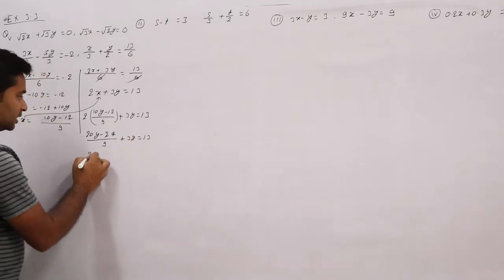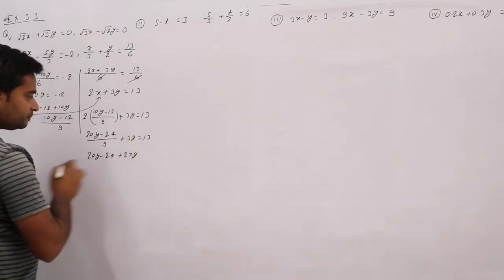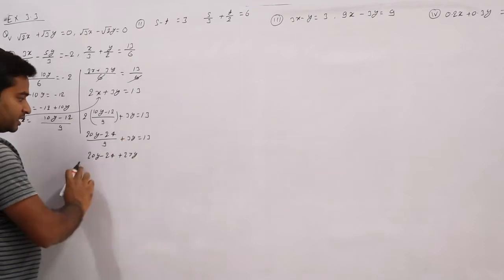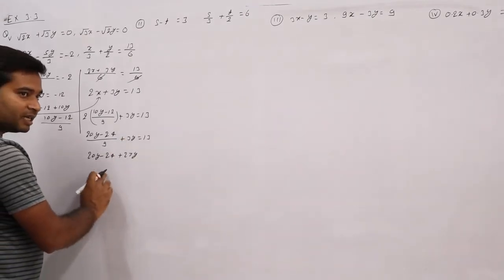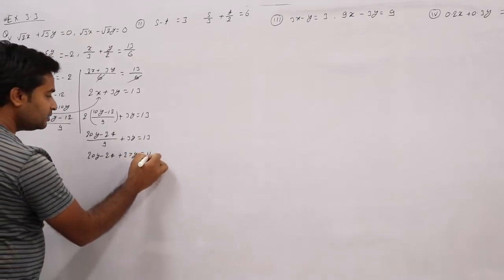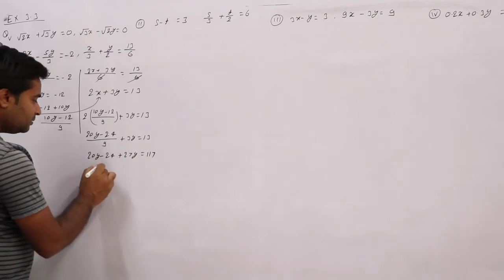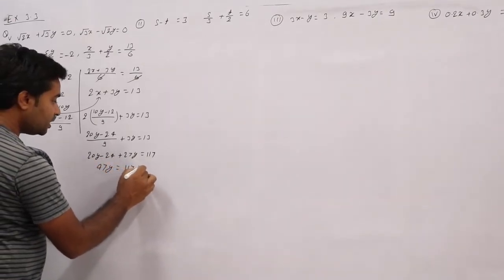Take the LCM: 20y minus 24 plus 27y. Now this 9 I am taking to this side, because downside 9 will come. So 13 9s are 117. So this becomes 47y is equal to 117 plus 24.